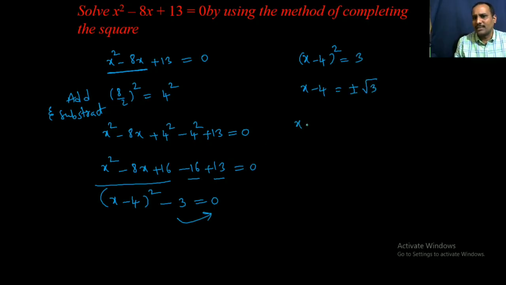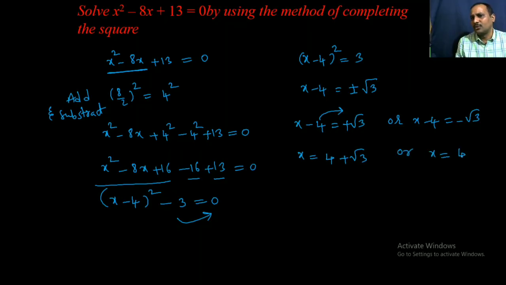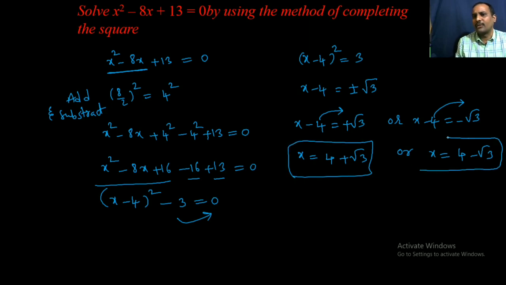So x minus 4 is equal to plus root 3, or x minus 4 is equal to minus root 3. So x is equal to 4 plus root 3, or x is equal to 4 minus root 3. So these are the two roots of the quadratic equation, and we did it by the completing the square method. Next problem.